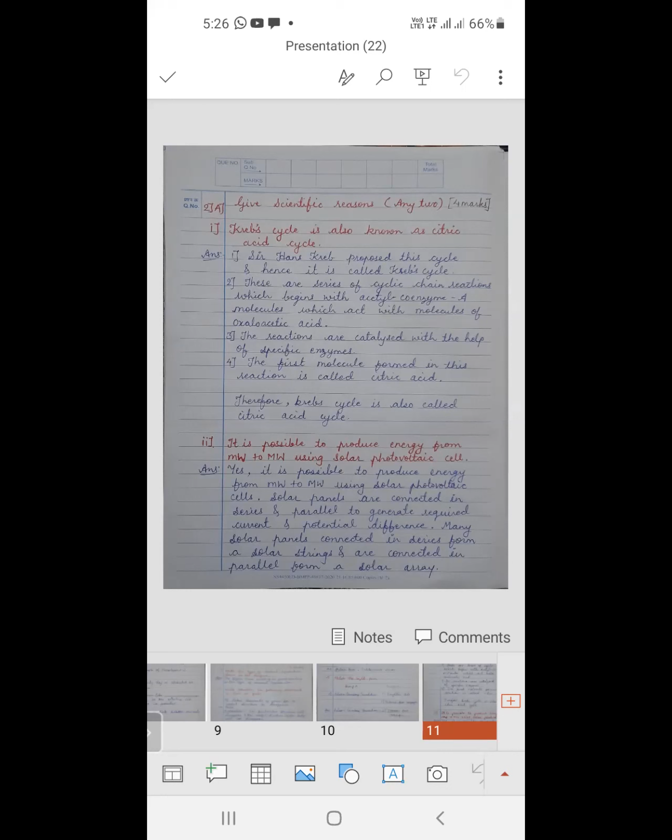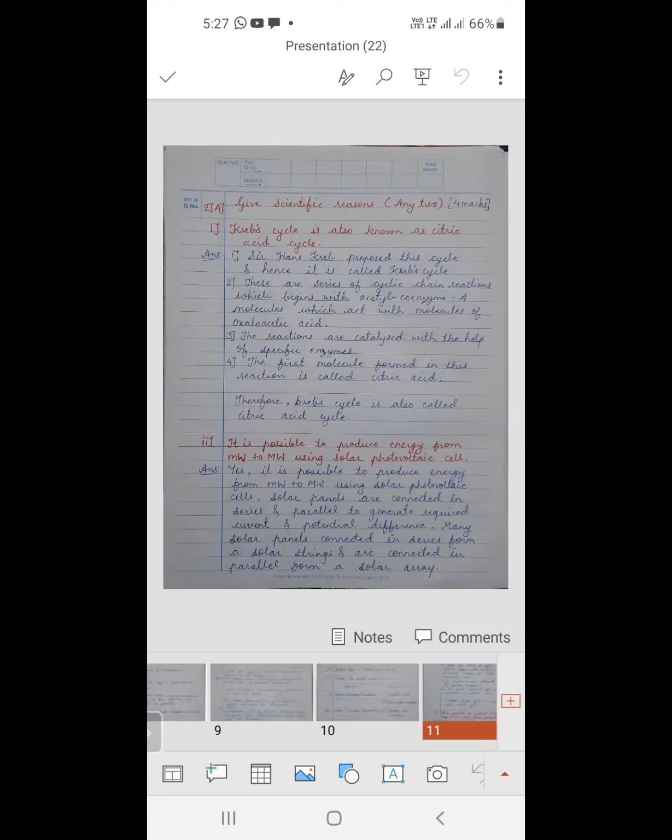Lastly, you have to write why it is called so. The last concluding sentence must be: therefore, Krebs cycle is also called citric acid cycle. So this is the complete answer for this question. If you write this type of answer, you can score full marks for each question.